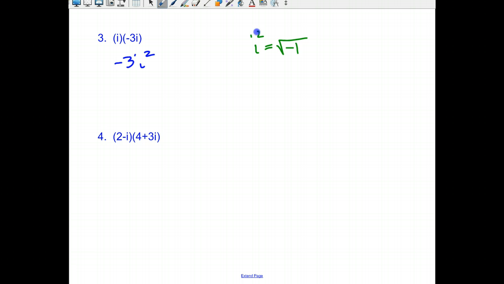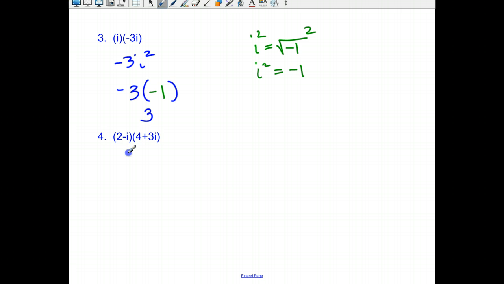Well, if we square both sides of that equation, then i squared is equal to -1. So anytime you have an i squared, you need to replace it with a -1. Then -3 times -1 is a +3.